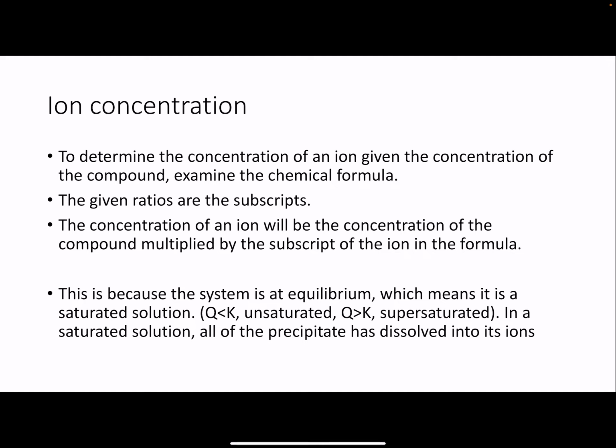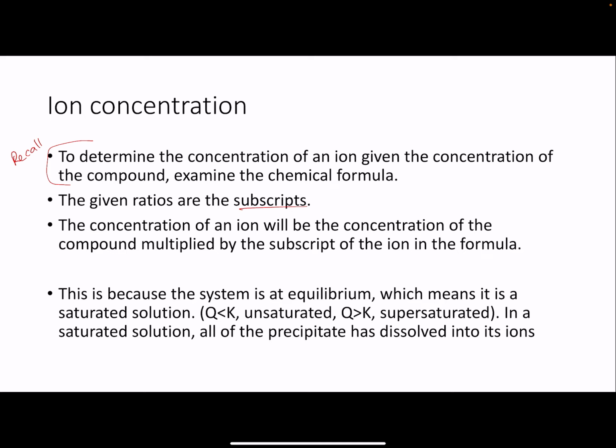So now we'll look at what the ion concentration means and how it's actually related to the amount of solute, because we don't usually measure the ion concentration. We relate that back to what the solute itself is. So as a review, the ion concentration is given by the compound and the subscript. The subscript tells you the ratio of ion to molecule.